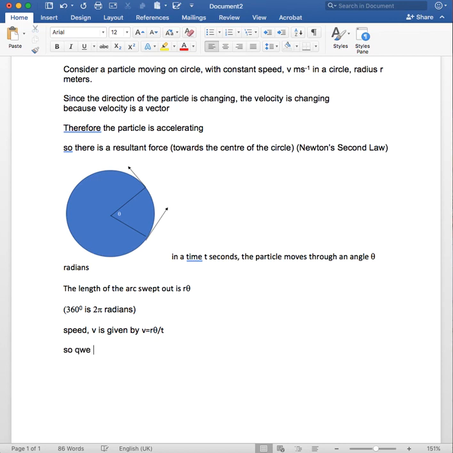So we have a new quantity, which is angular speed, the angle swept out per second, which is omega, pronounced O-M-E-G-A, and that is not a W, it is an omega.